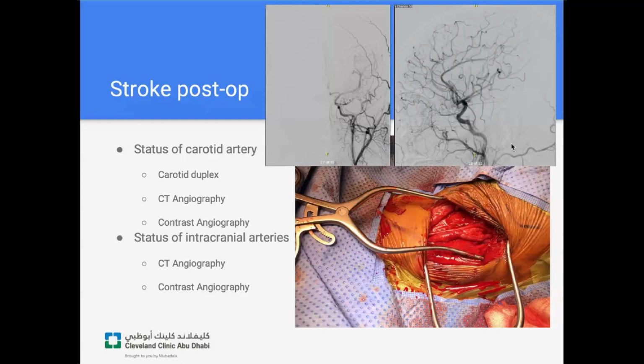So again, most of these are the result of technical errors or problems at your operative point. Your patch may be causing a stenosis. There may be a dissection. There may be a clot formation at the endarterectomized area due to low flow.